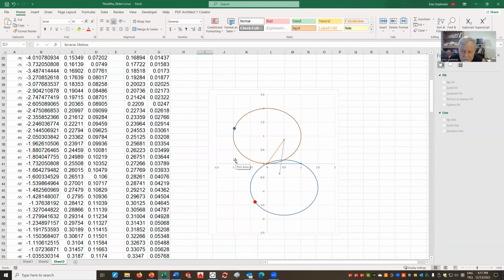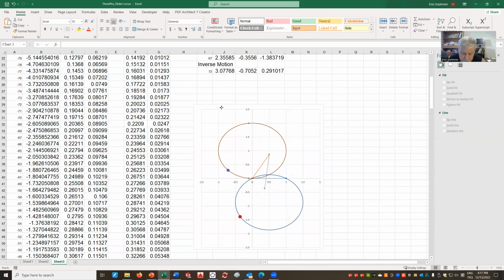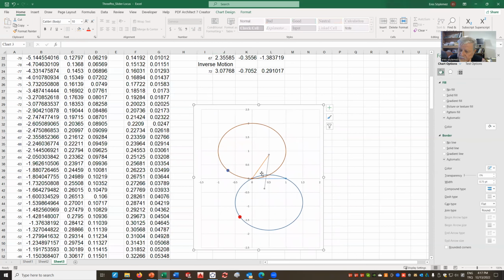As you can see, it moves down. 66, 72. Well, it depends on what you want to achieve. Or first of all, let us see the mechanism first.